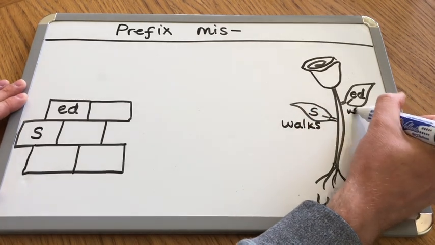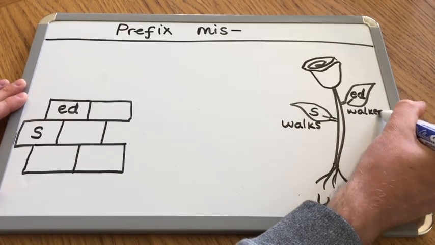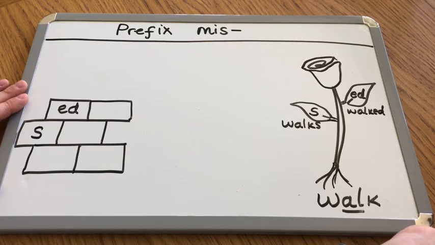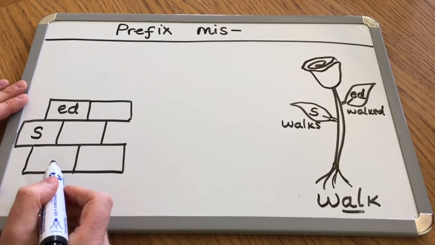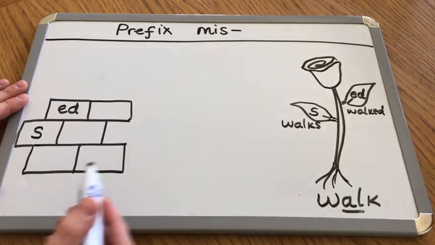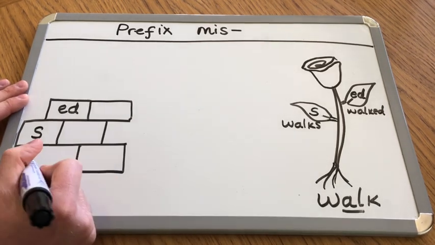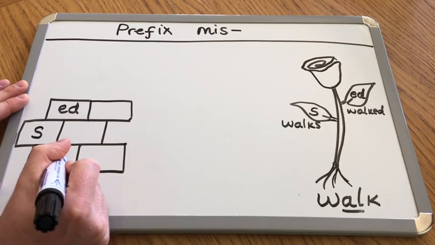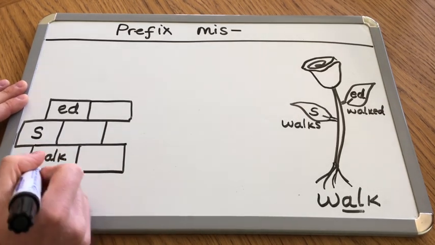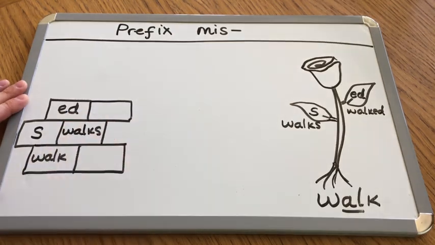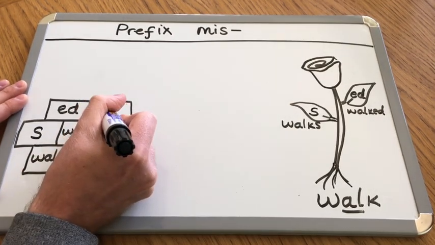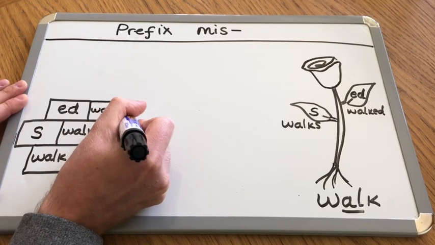And walk can become walked. We grow the word, we make it larger. We change the meaning slightly. If you like to think of word building instead of growing, use the bricks. So that root word, walk, can be built by adding the S suffix, walks, or ED, walked.